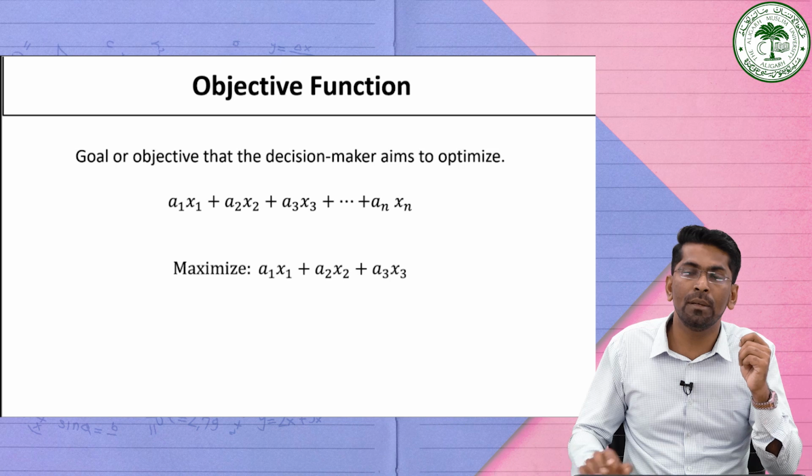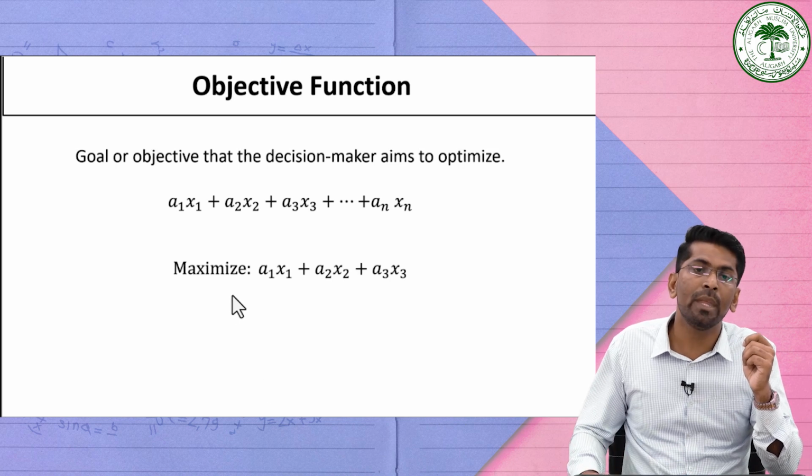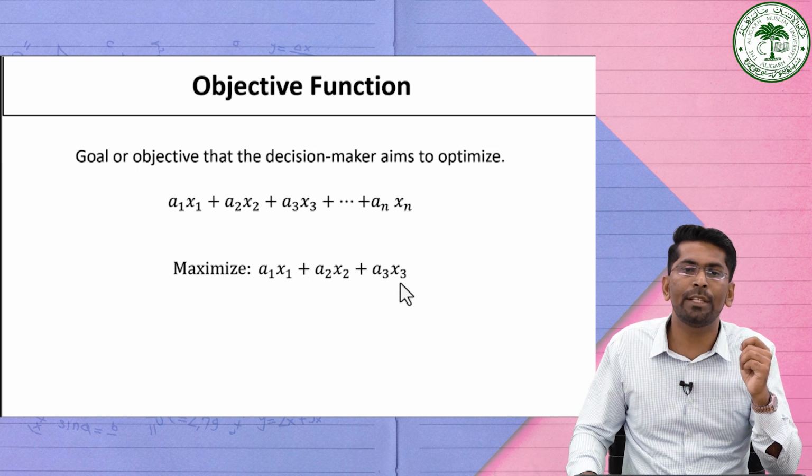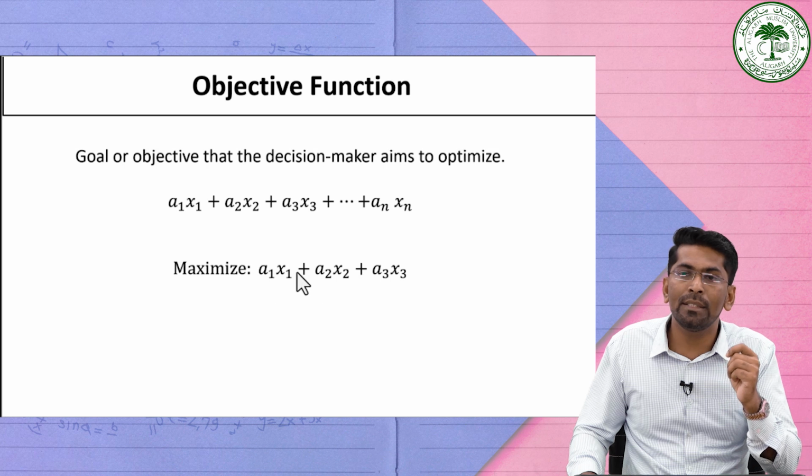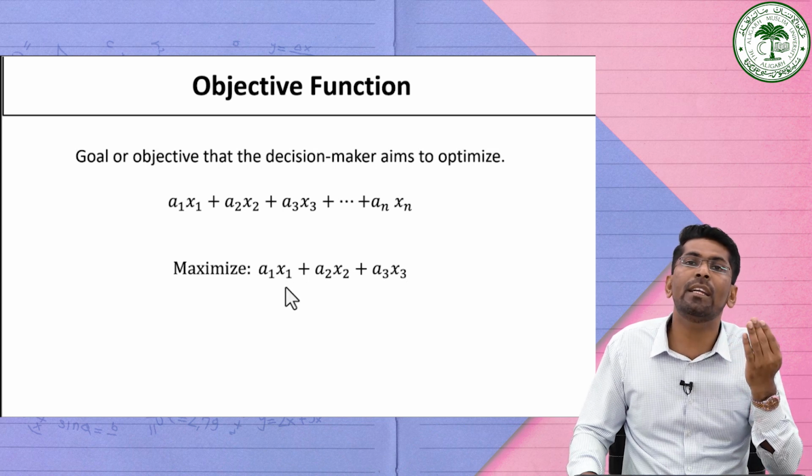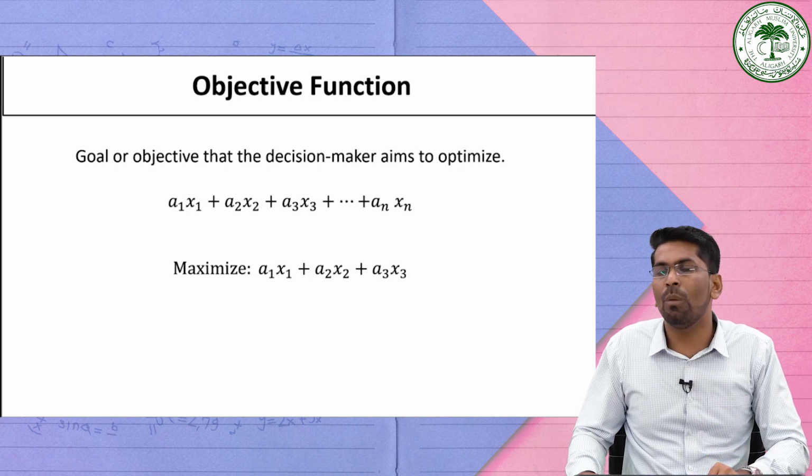The objective function will look like: maximize a1 x1 plus a2 x2 plus a3 x3. This objective function represents the total profit obtained by selling the quantities x1, x2, x3 of commodities 1, 2 and 3 respectively, with their corresponding profit rates a1, a2 and a3. So this is the objective function.